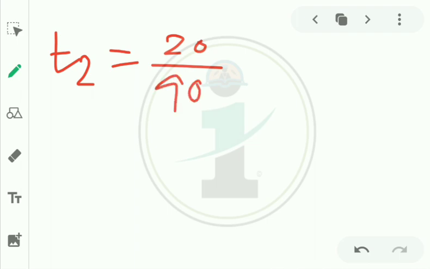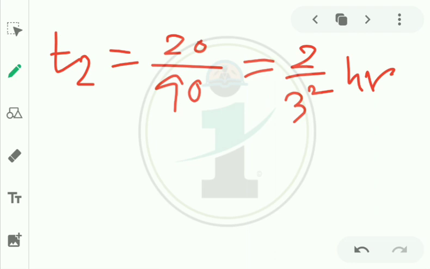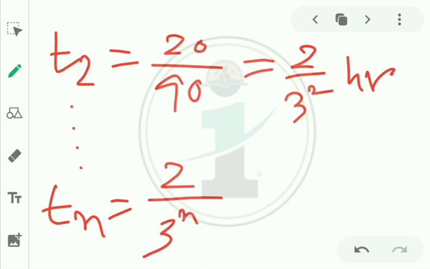So the time taken for the second trip is the distance divided by the velocity, which is actually the relative velocity. So we can write it as (2/3)^2 hour. So you can also calculate the other times T3, T4 and so on, and we will have Tn in the form of (2/3)^n hour.